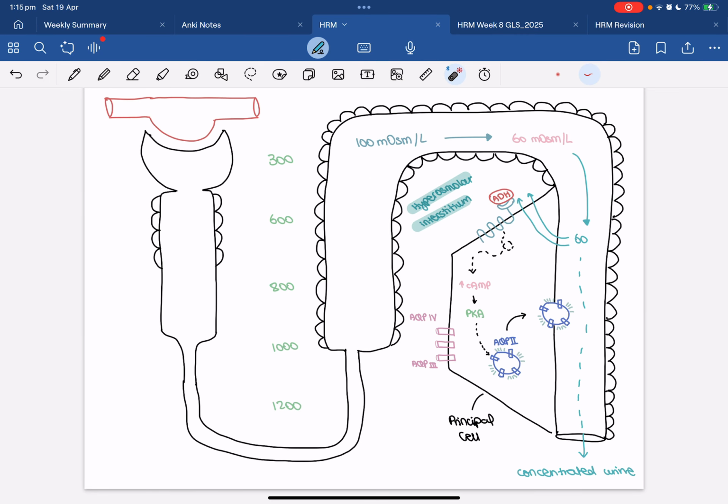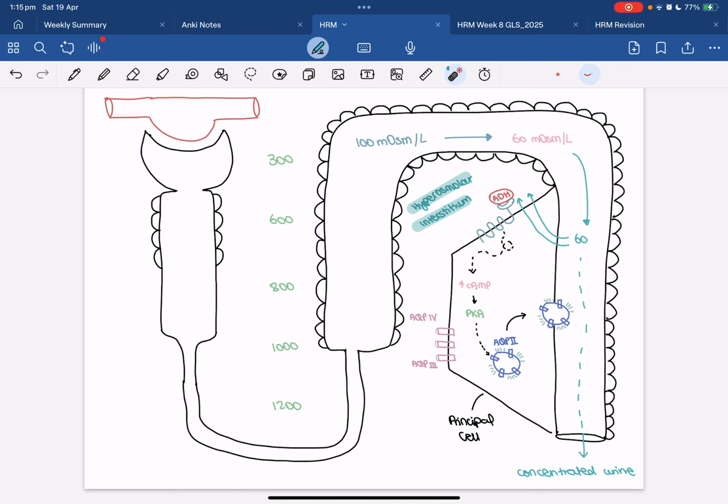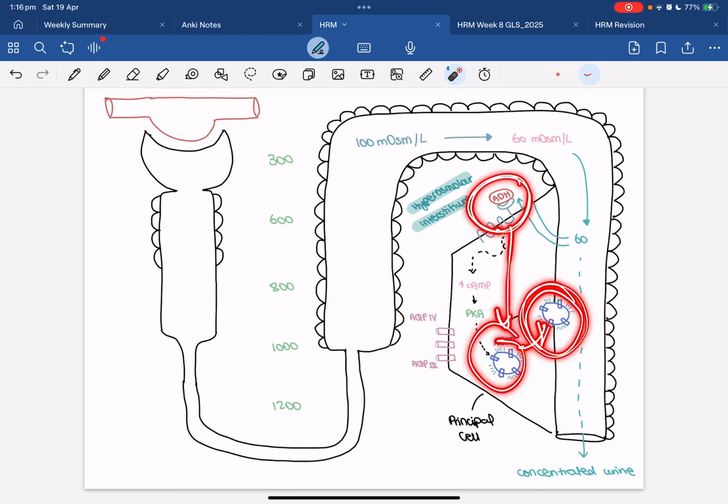Now, this is because of the presence of ADH. Let's say if ADH wasn't there, you wouldn't have these aquaporin 2 channels, which only form because of ADH. Here we have aquaporin 3 and 4. They're always there, so they are not hormone dependent, as compared to aquaporin 2 channels, which are dependent on ADH. If you don't have ADH, you won't make these, they won't go into the membrane, and you won't help to make water move out.